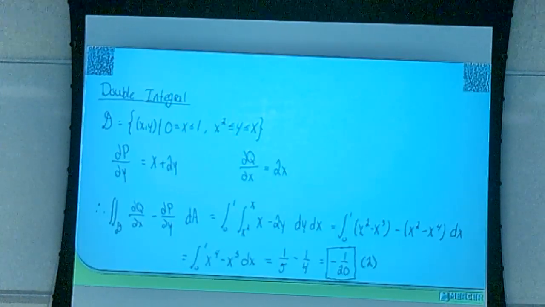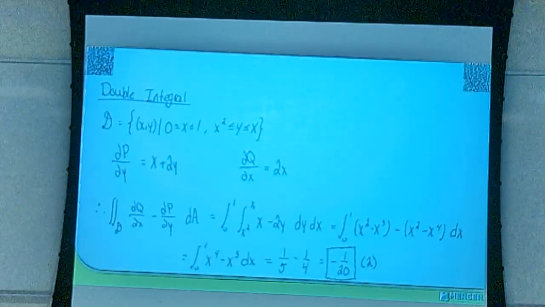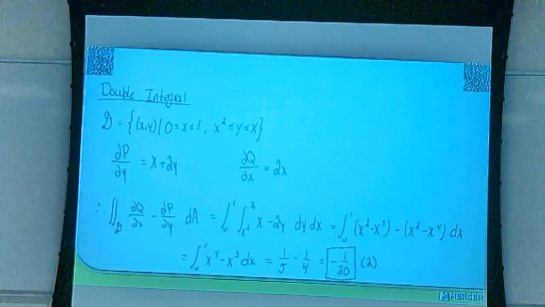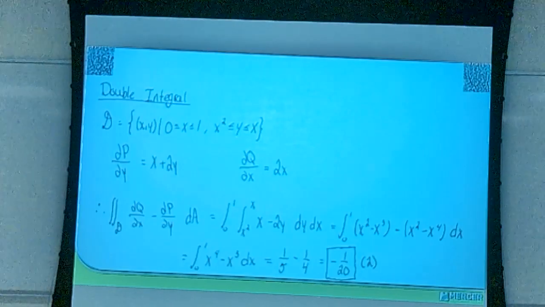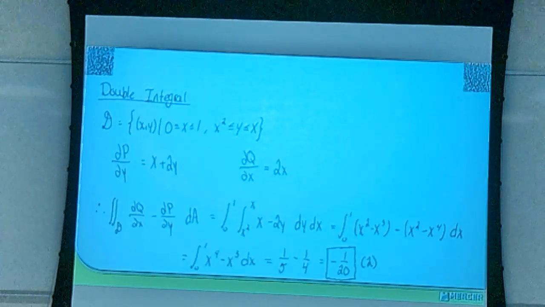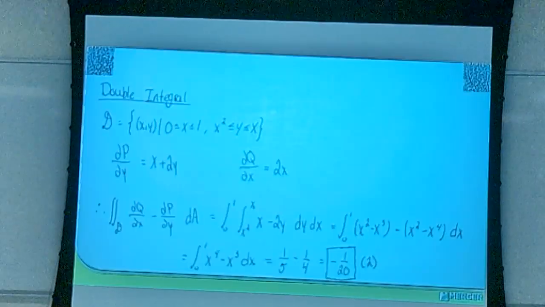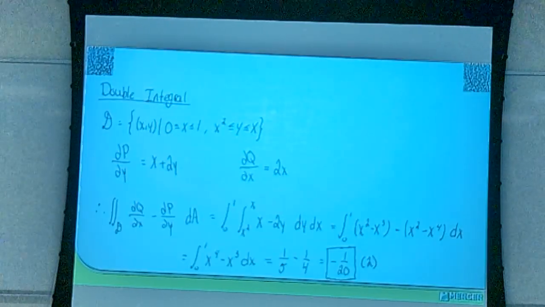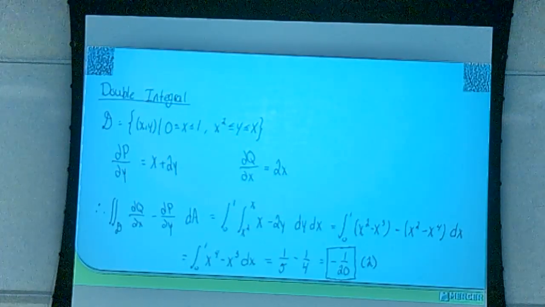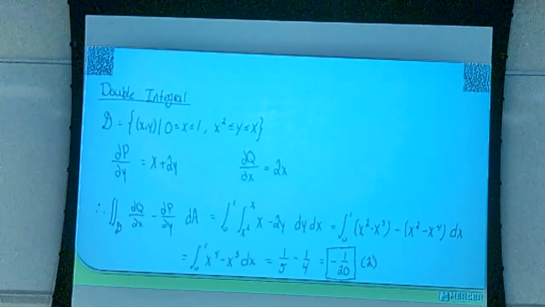So the whole point of the calculus sequence, by the way, is these three theorems: Green's theorem plus the remaining two things that we'll be doing next week. That is the whole purpose of the calculus sequence, just to get to Green's theorem, Stokes' theorem, and the divergence theorem. So I took three calc classes to get to this. It's the whole purpose of calculus.